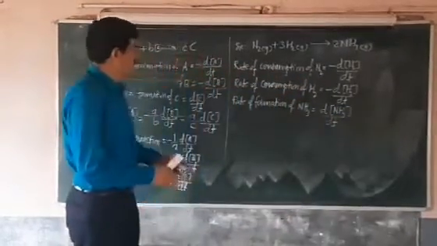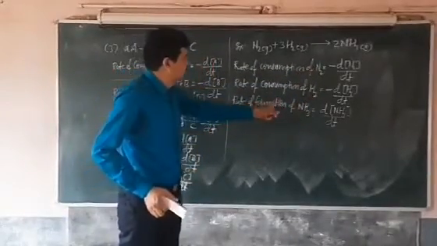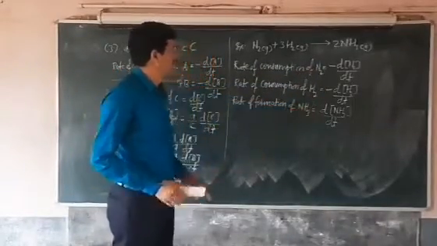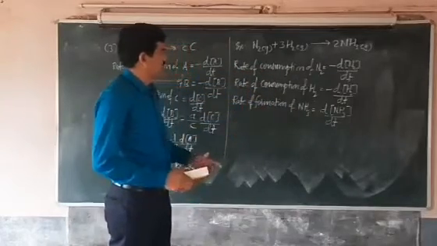Remember always, in the rate of consumption there is a negative sign, while in the rate of formation there is no negative sign. So these are the rate of consumption and rate of formation.